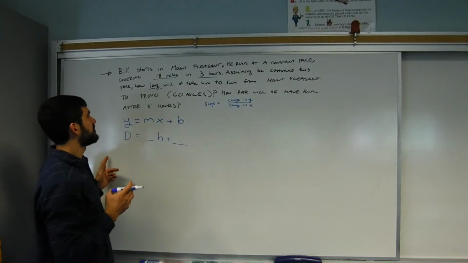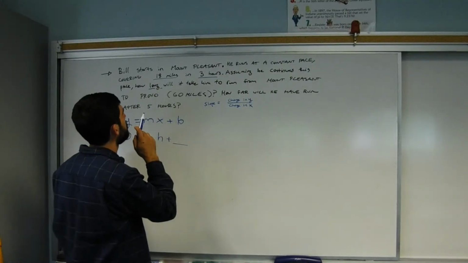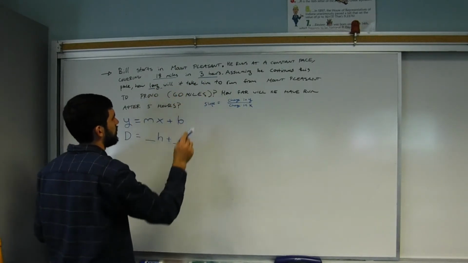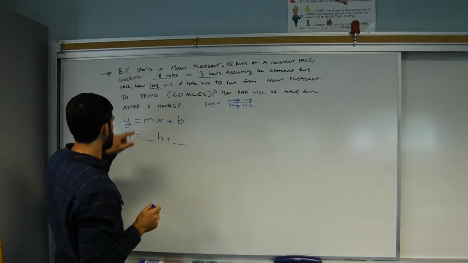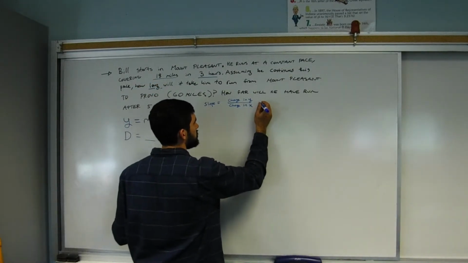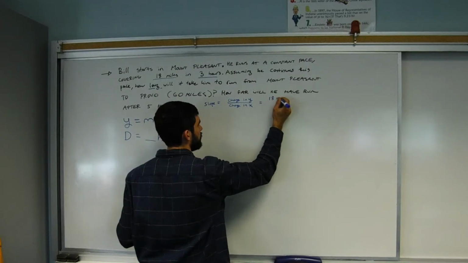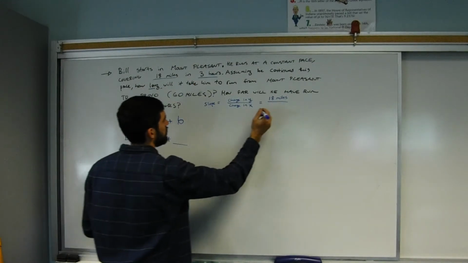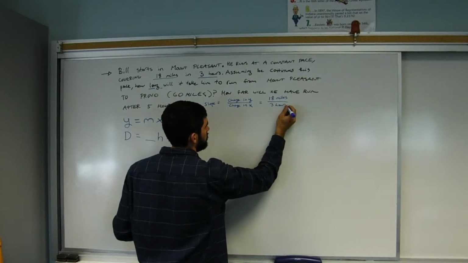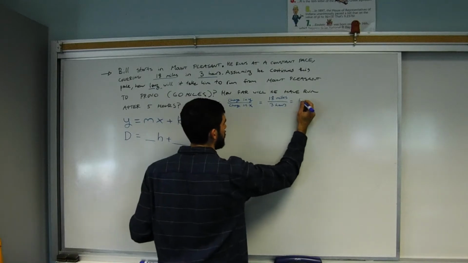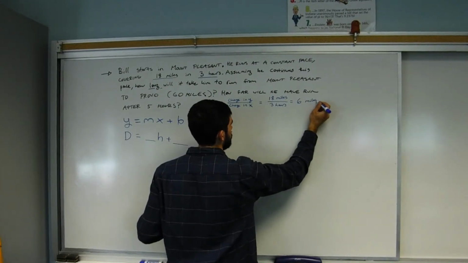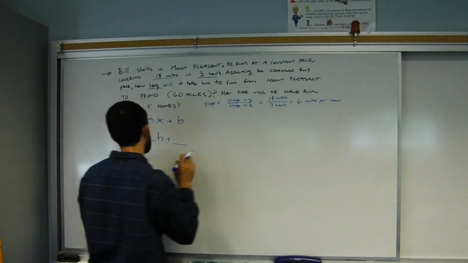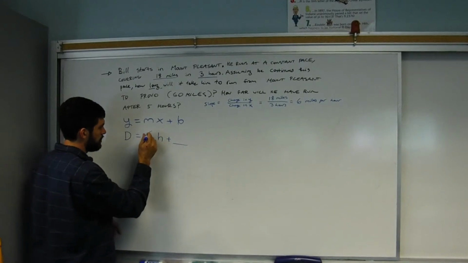However, we are given this information that he starts in Mount Pleasant, he runs at a constant pace covering 18 miles in 3 hours. So 18 miles, that's our distance. So our change in y is going to be 18 miles, and our change in x is going to be 3 hours. So if we do this division, we find out that his pace is 6 miles per hour. And that speed is going to be our rate.